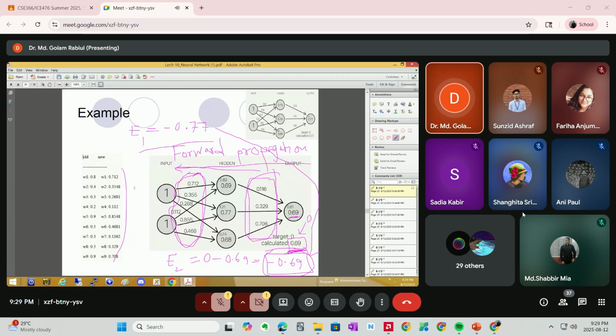The learning philosophy we have used here is called sequential learning. That means one input at a time. We have taken one input, and then we consider the next input like 0, 1, and then another input like 1, 0, and then another input 0, 0. Every time we need to update the weights.